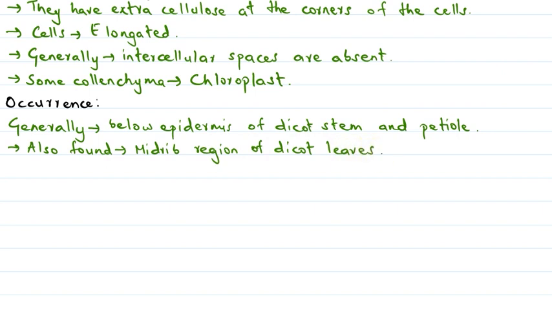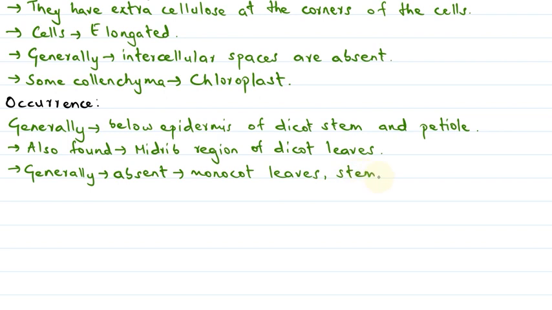Then generally the collenchyma tissues are absent in monocot leaves, stem and roots. So generally collenchyma tissue are absent in monocot leaves, stem and roots.